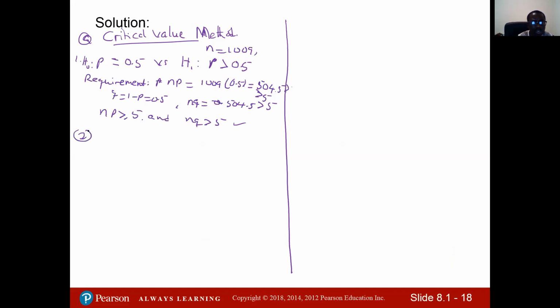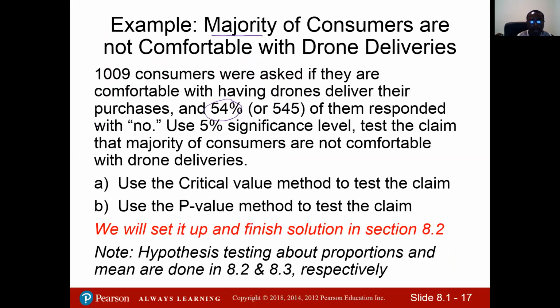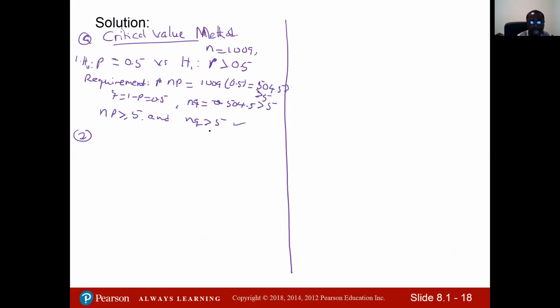Step 2, according to the question, says to use a 5% significance level. So my alpha is 5%, which is 0.05.